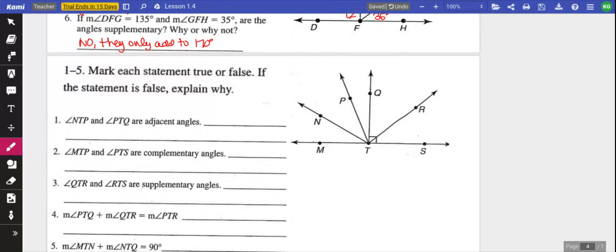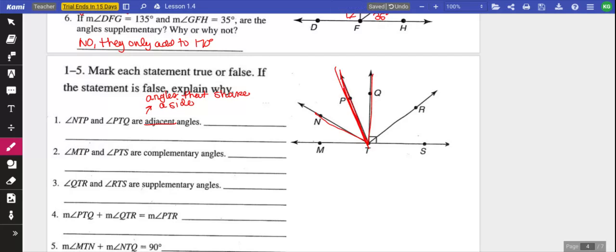Number 1, NTP and PTQ are adjacent angles. And I don't know if we've had this definition yet, but adjacent angles are angles that share a side. And so do you agree that NTP and PTQ are adjacent?